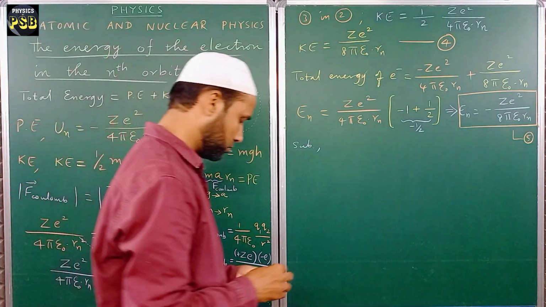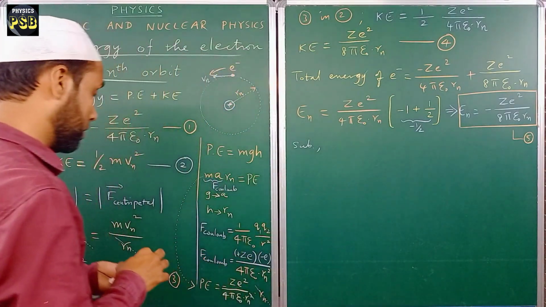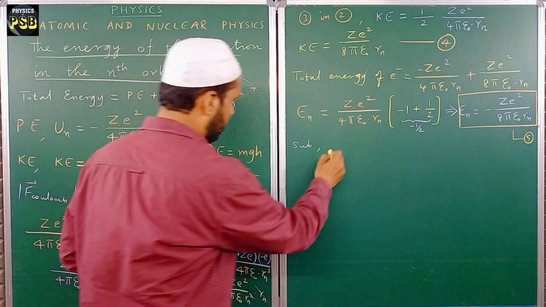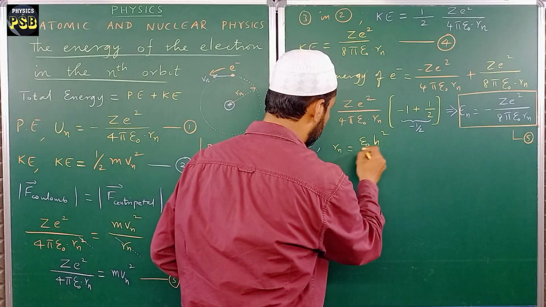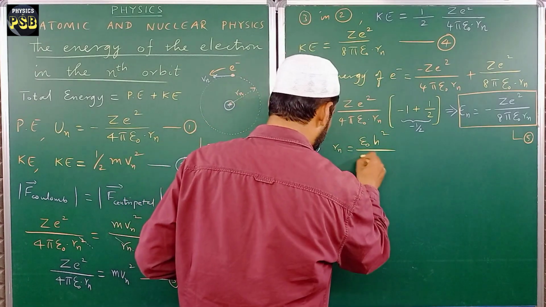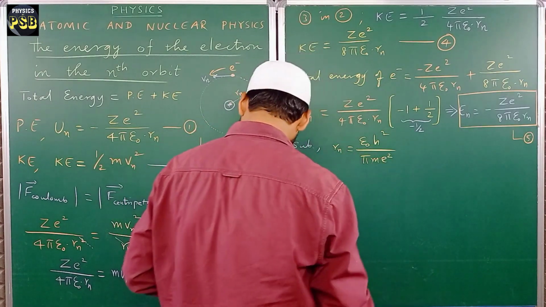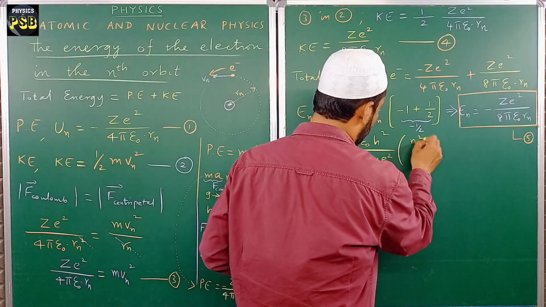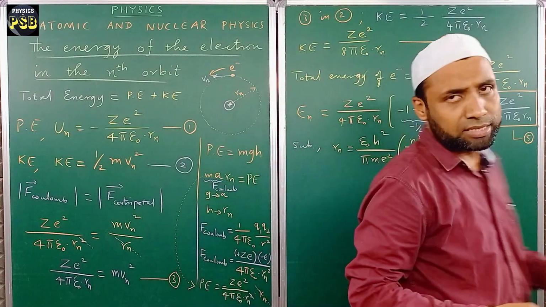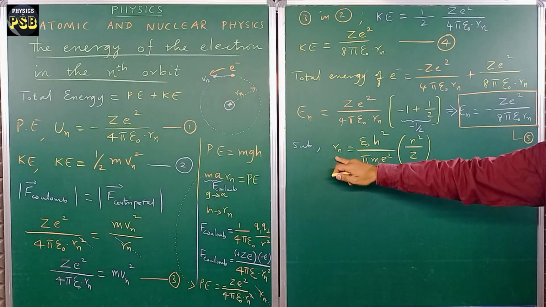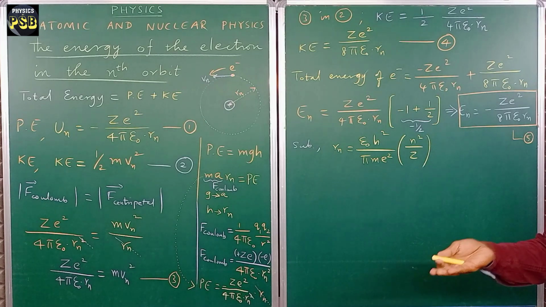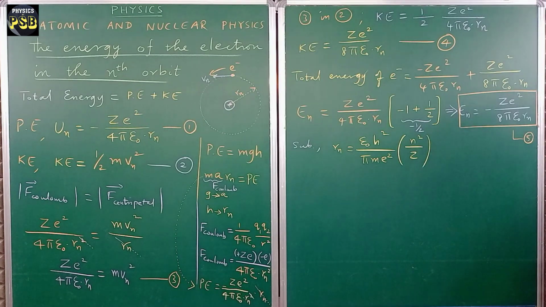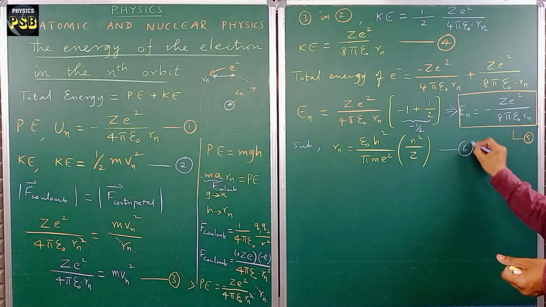We know from the previous topic, Rn is nothing but ε₀h² upon πme² multiplied with n² upon Z. This is the expression for the radius of the nth orbit, which we have derived in the previous topic. Now this I take as equation number 6.